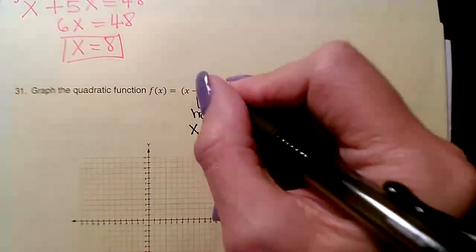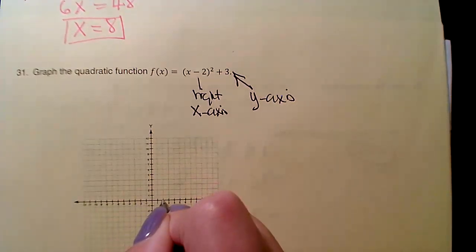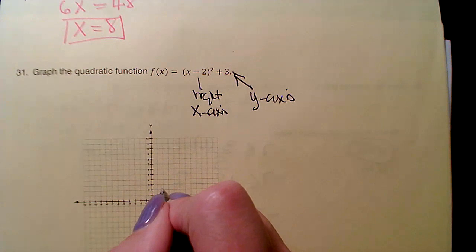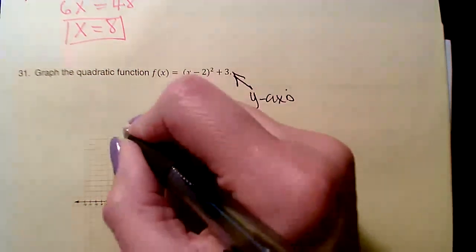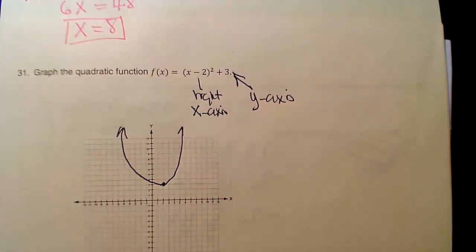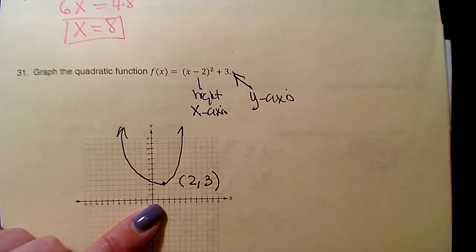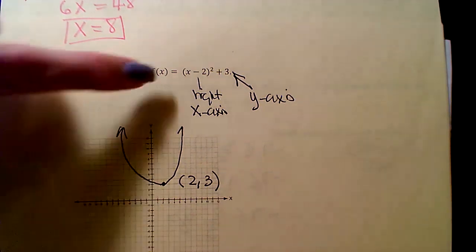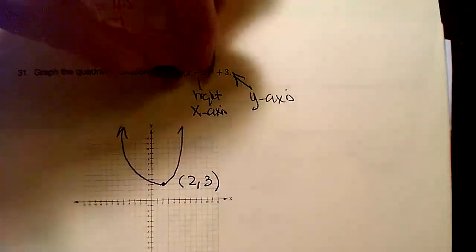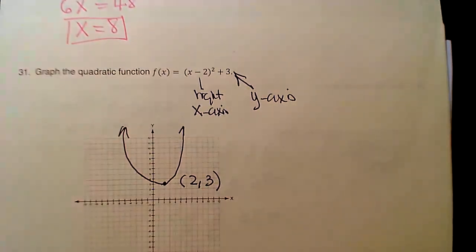We're going to the right because it's the opposite of negative 2. So it's going to be 1 and 2. And we're going 1, 2, and 3. For now, we're just going to do it like that. Later on, we're going to find points and everything. So my vertex here is 2, 3. This number that is happening inside the square is always going to be the opposite. Instead of going to negative 2, you're going to positive 2.